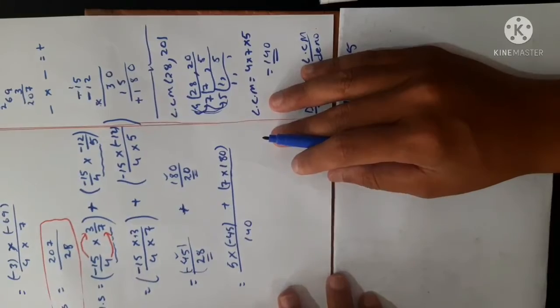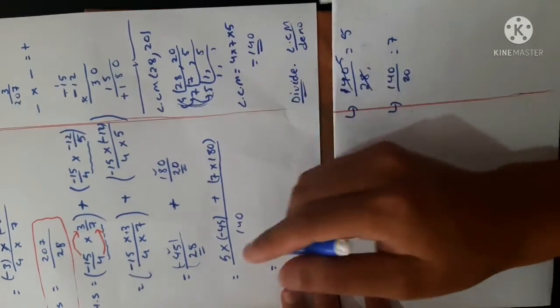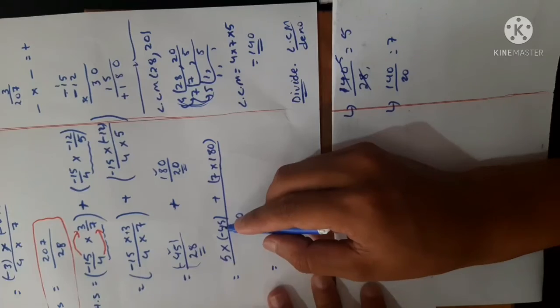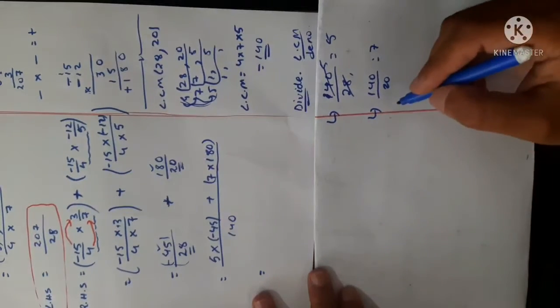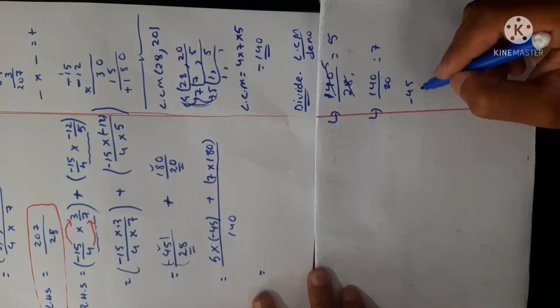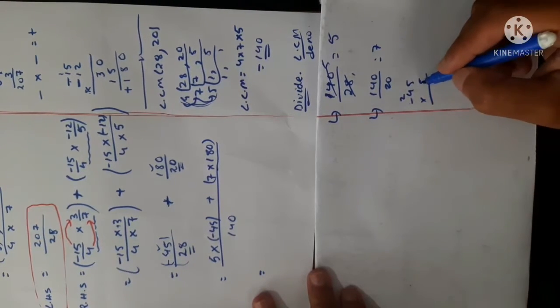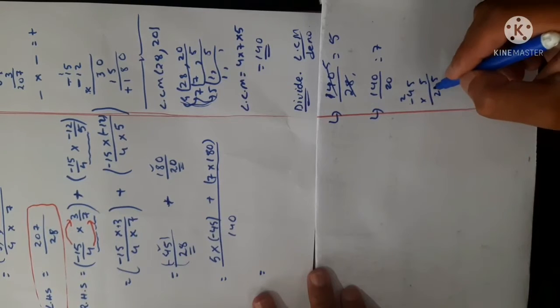So now we solve for this. 5 multiply minus 45, we will get 5 multiply 45, minus 45 multiply 5. 5 5s are 25, carry 2. 5 4s are 20, 20 plus 2 we get 22.